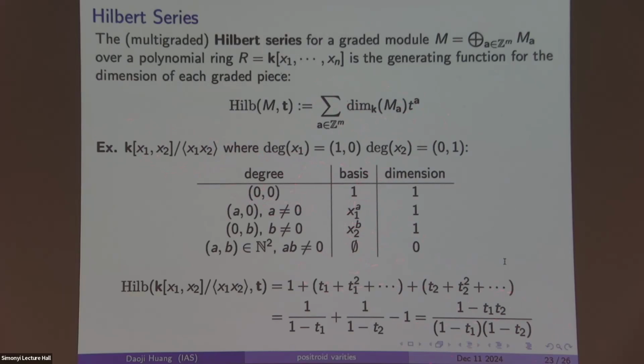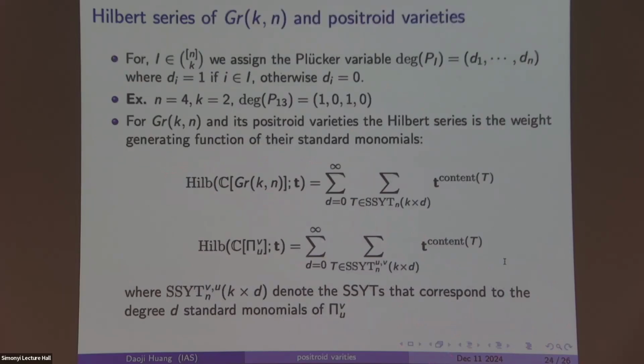Okay, and we can compute the Hilbert series of the Grassmannian and Positroid varieties under this particular grading, where I grade each Plucker variable by this indicator vector that indicates the k-element subset. So this is a grading that comes from the small torus action on the Grassmannian under the Plucker embedding.